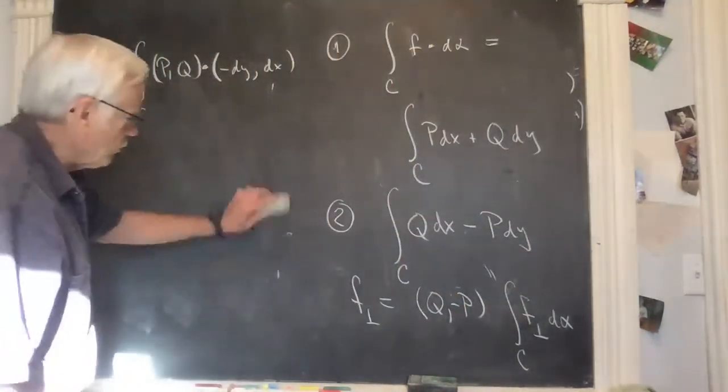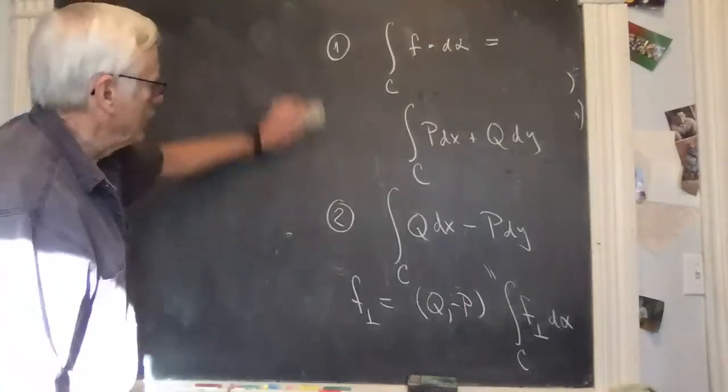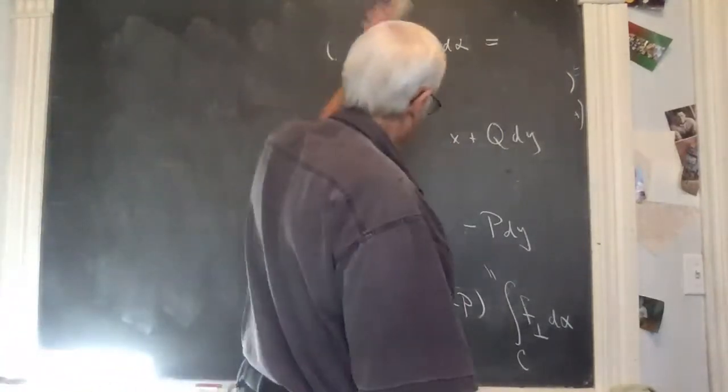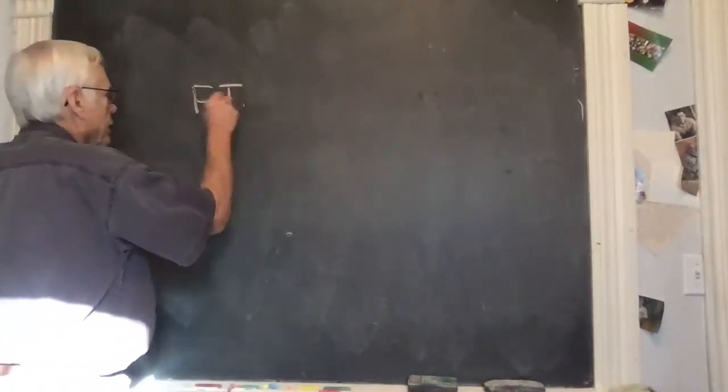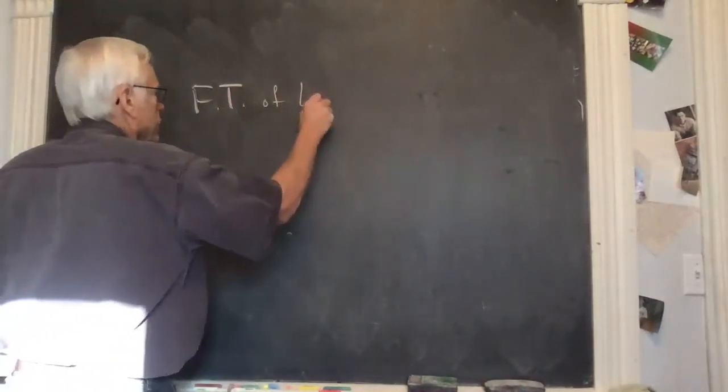So this was actually what I did last time. What I'd like to talk about this time is a method for computing these. It's called the fundamental theorem of line integrals.